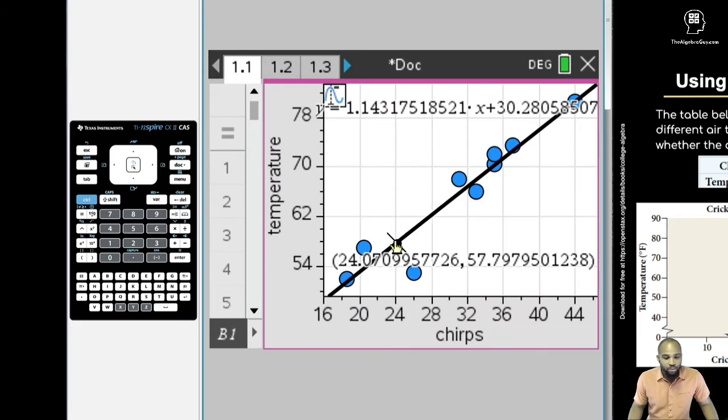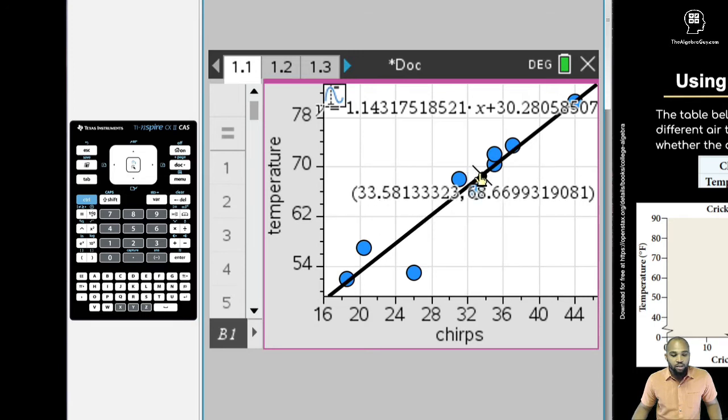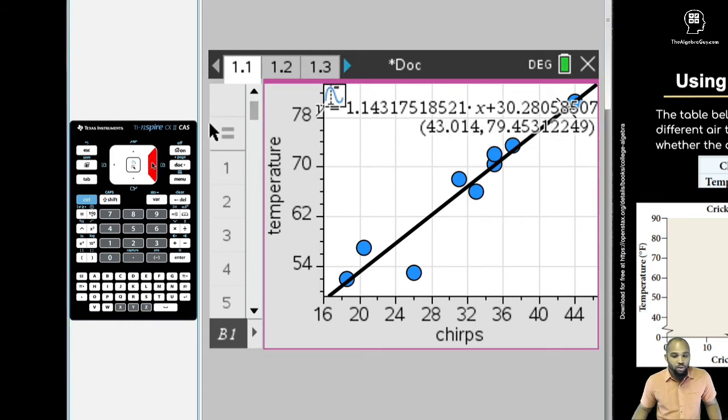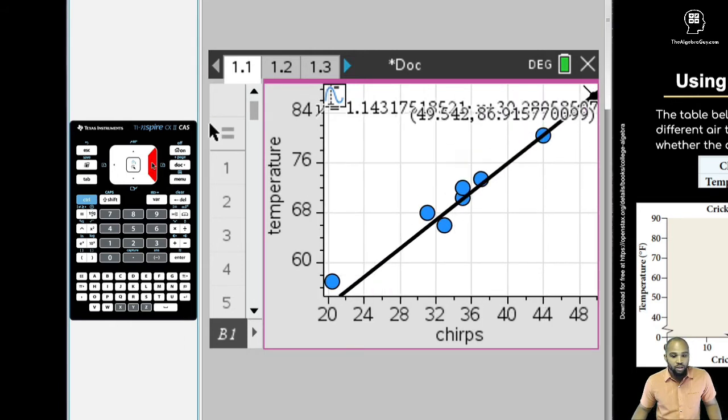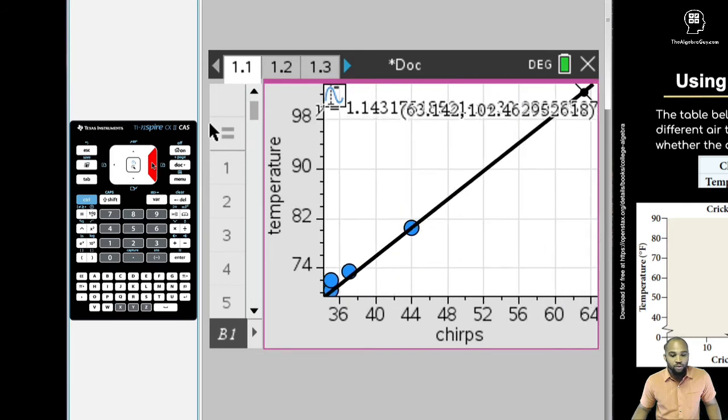And now look what happens as I go along the line, it's telling me all the points, all the values. I see that 33 is about 68. I go up here, 40 chirps is about 77 degrees, and I can keep moving. If I press my cursor arrow to keep going up, it'll keep going up as well.